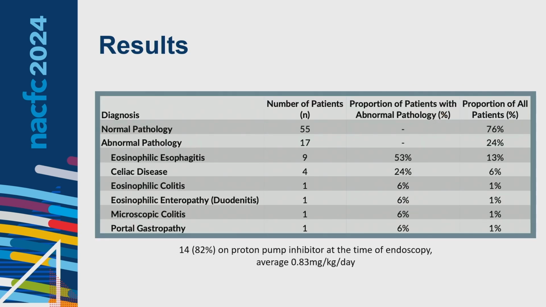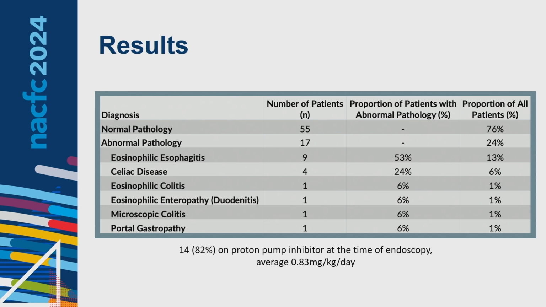So here's the big money from this paper: in the endoscopy, about 25% had results that we thought were distinct from their CF. Included in the normal pathology is when the pathologist says in the comment, like, inspissated mucus or mild duodenitis consistent with CF.